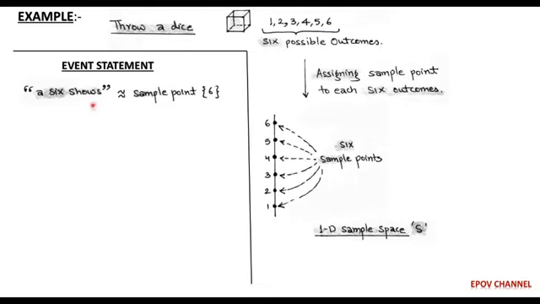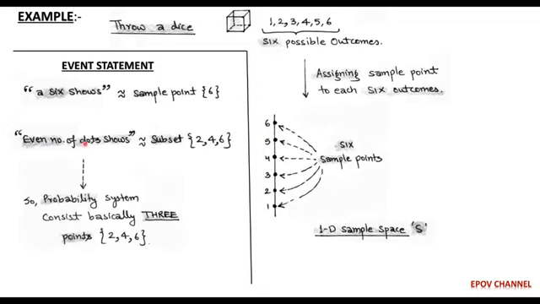Also, when we say an even number of dots shows, then in this case we take a combination of even sample points, that is 2, 4 and 6, and it is called a subset of the total 6 sample points. So in the second example, the event consists basically of 3 points, that is 2, 4 and 6.